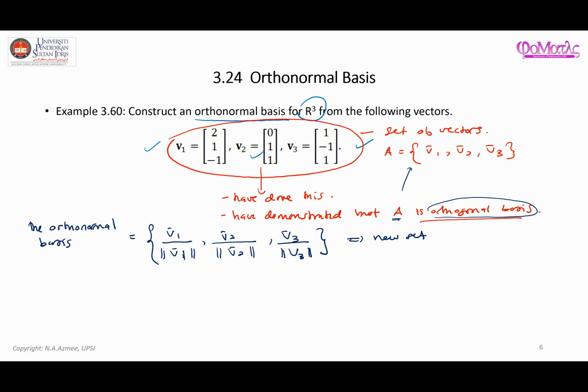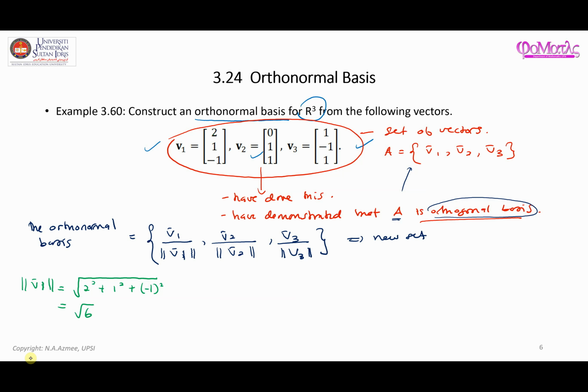Let us start by finding the magnitude of each vector. The magnitude of vector 1 is the square root of each value squared and added. So 2 squared plus 1 squared plus negative 1 squared, which is 4, 1, 1, so the square root of 6. That is the magnitude of vector 1.